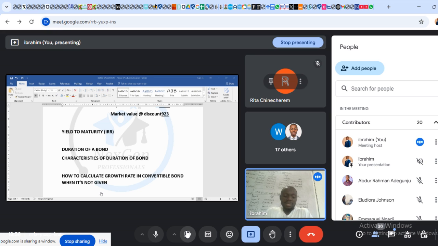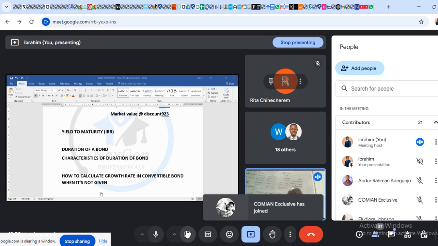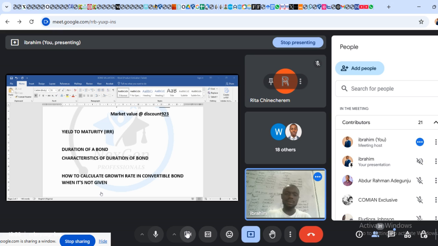In capital investments, you could say, calculate the internal rate of return, right? But in bond, it is not internal rate of return; you say, calculate the yield to maturity. Yield to maturity means, what will be the return? It's just like your return on your investment at the date of maturity.